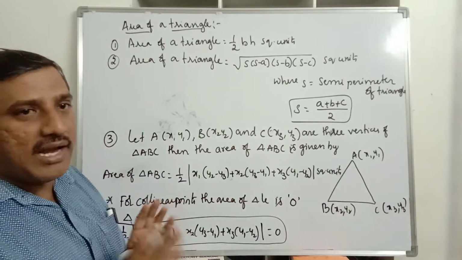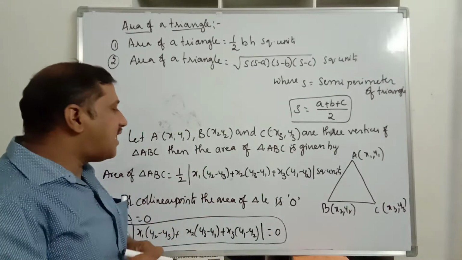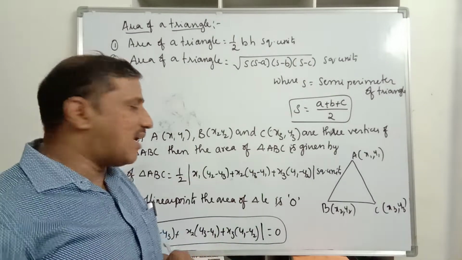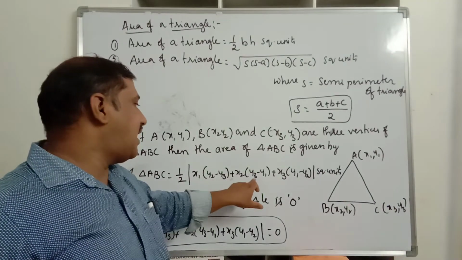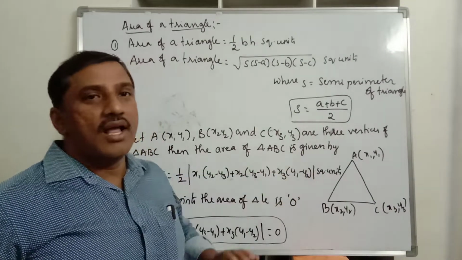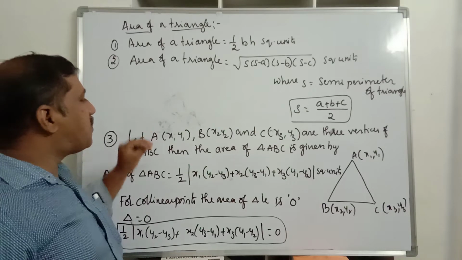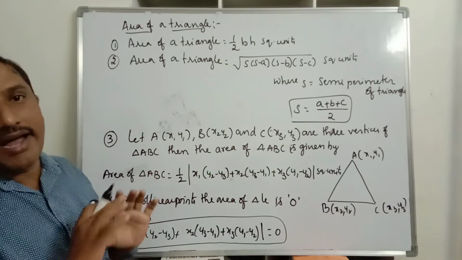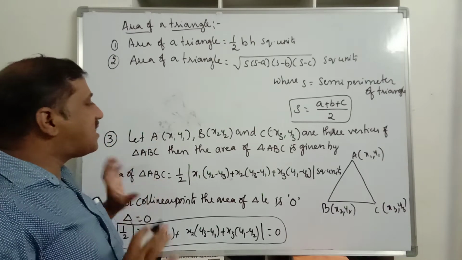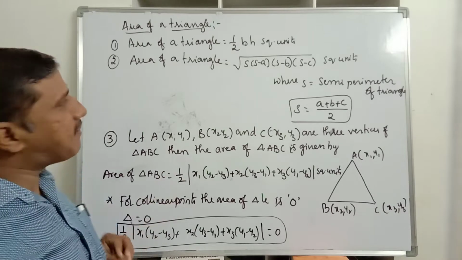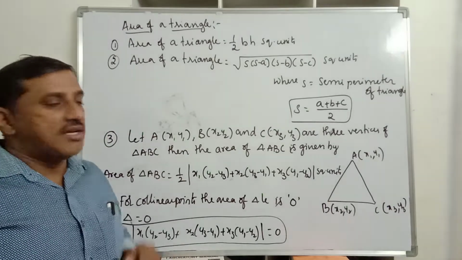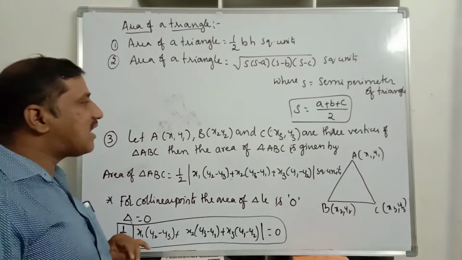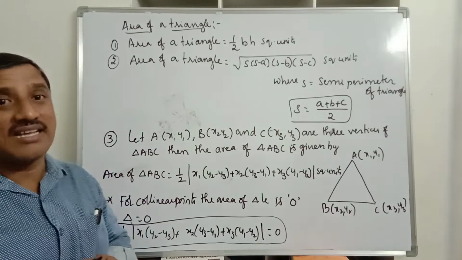The y coordinates are inside, also in the order 2 3, 3 1, 1 2. Instead of learning it by heart, you can write and practice it so that you can remember it and solve the sums. So remember this formula to find the area of the triangle when 3 vertices are given.